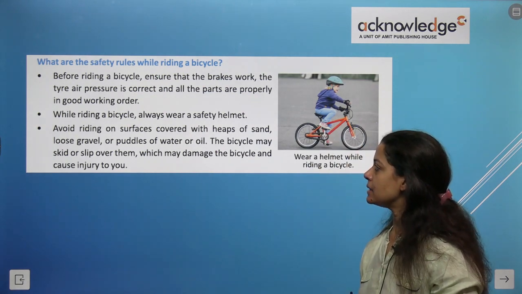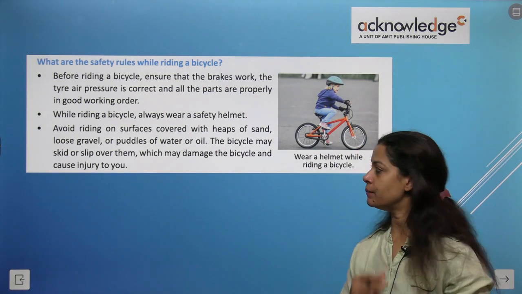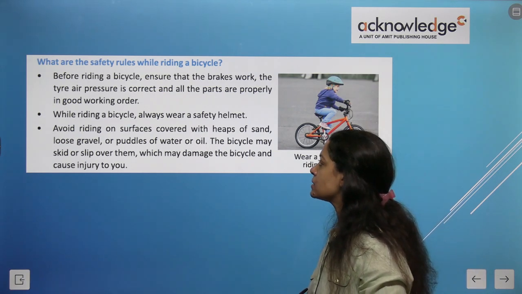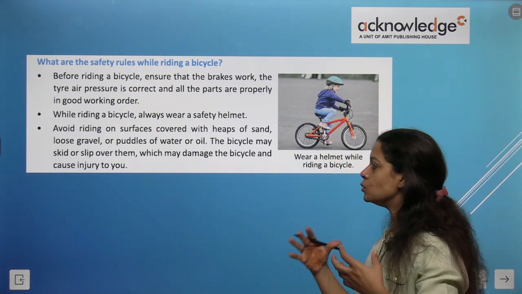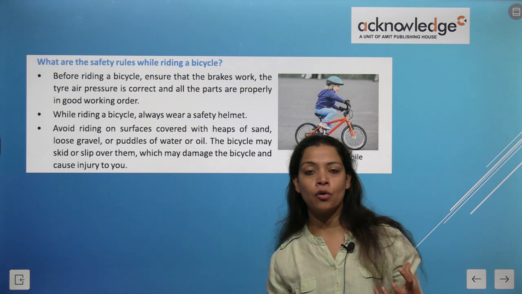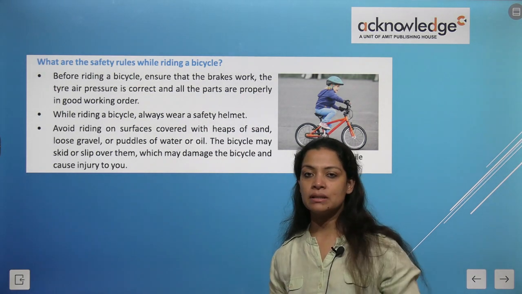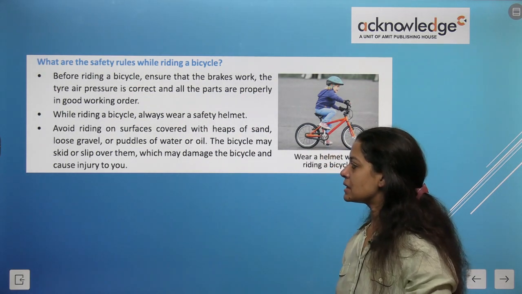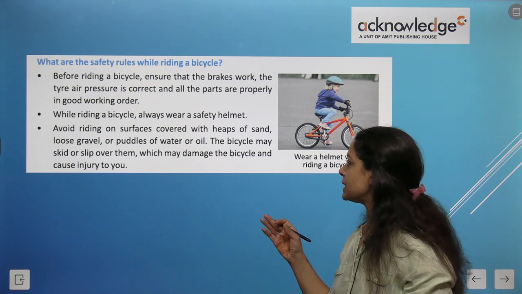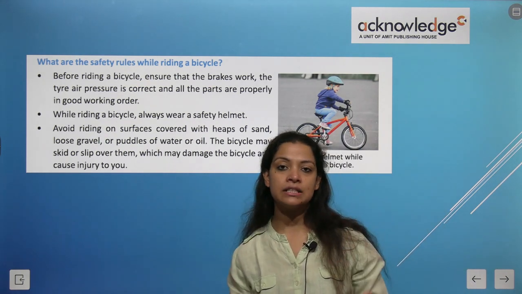Then while riding a bicycle, always wear a safety helmet. Avoid riding on surfaces covered with heaps of sand, loose gravel, puddles of water or oil. Do not take the bicycle to such places. The bicycle may skid or slip over them, which may damage the bicycle and even cause injury to you.